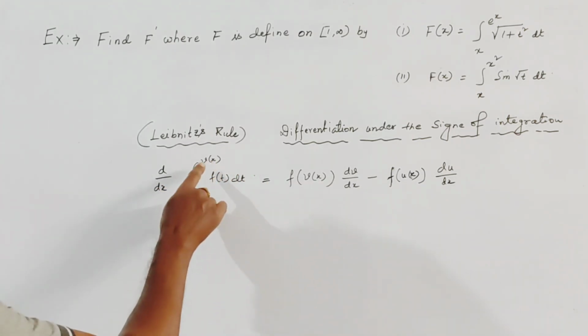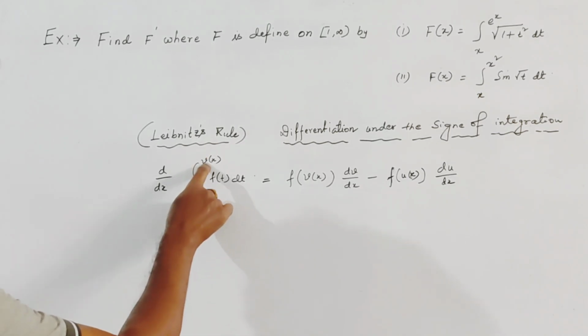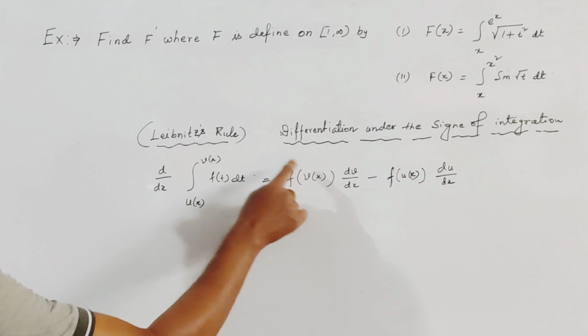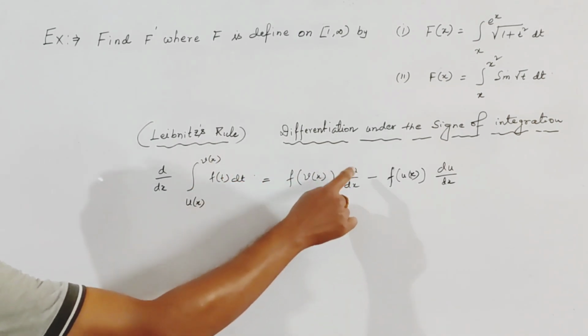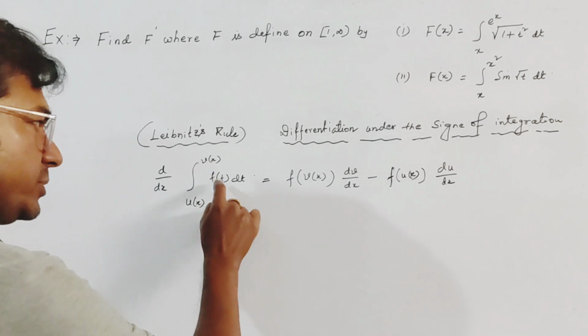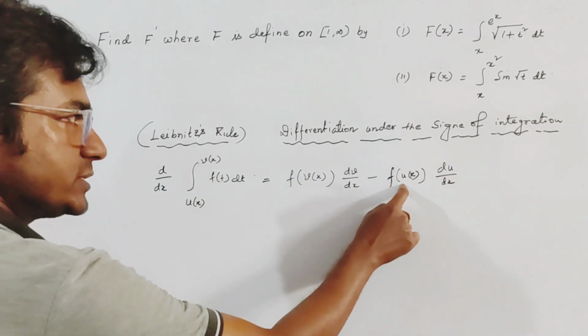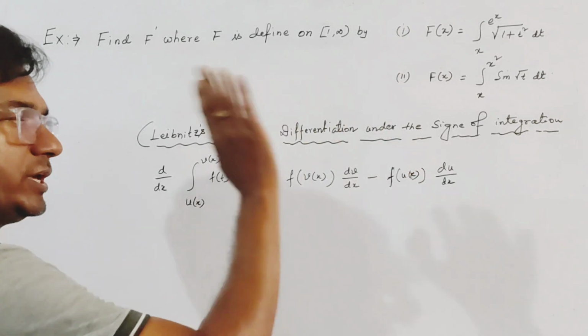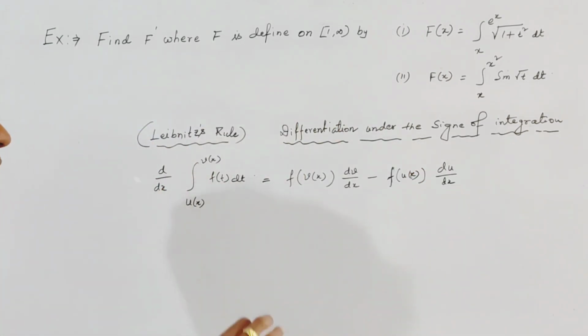Here we put v(x), that is the upper limit of the integration, in place of t, times the derivative of the upper limit, that is dv/dx, minus we put in place of t the lower limit u(x), times the derivative of the lower limit, this is du/dx. This is the Leibniz rule.